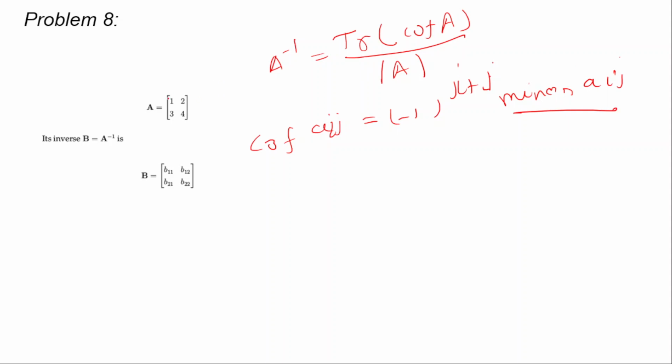If you take this element and remove the row and column corresponding to this element, whatever the remaining elements, take the determinant of those, that will be the minor of Aij, and then you multiply by (-1) to the power i plus j. So if i plus j is even, then the cofactor will be the same as the minor, and if i plus j is odd, then the cofactor will be minus of the minor.